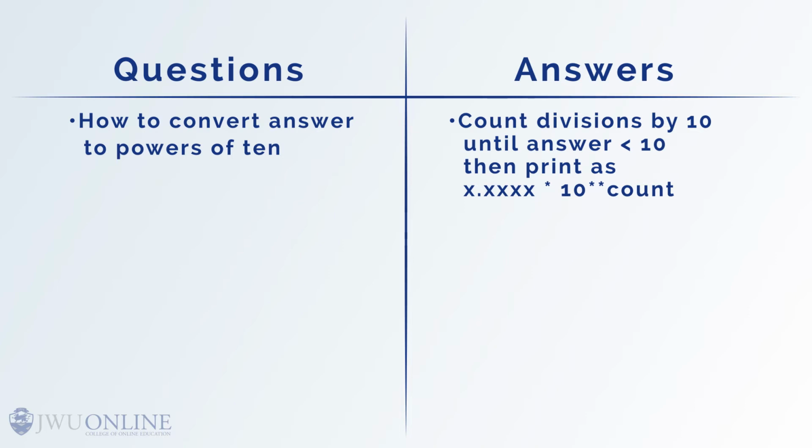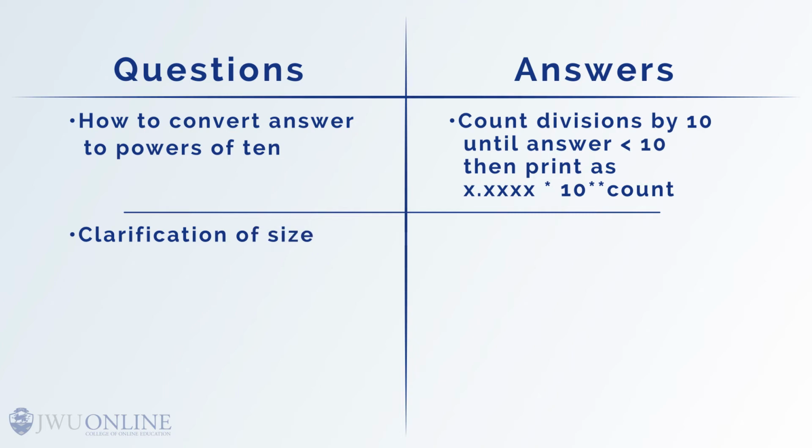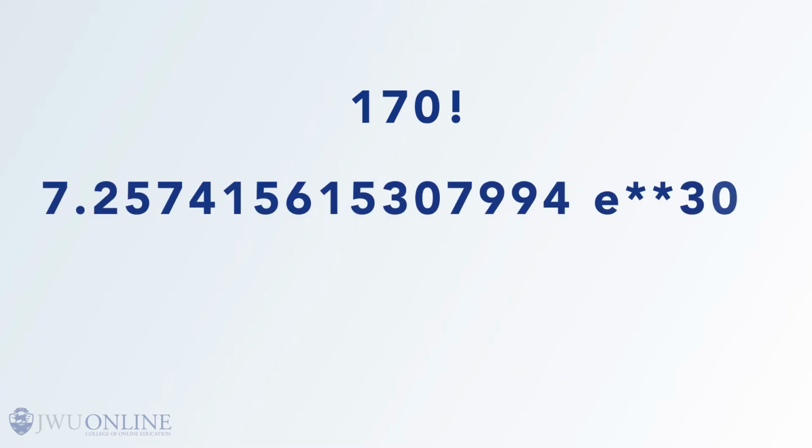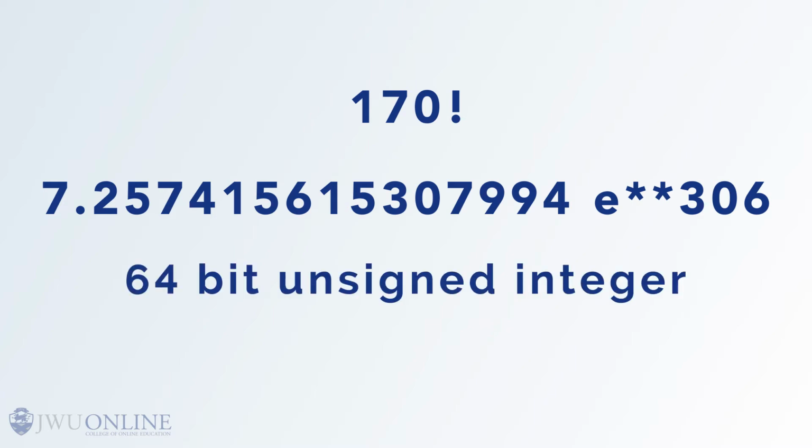Another useful question may be to further explore the largest factorial we can compute and what size variable to hold it in. It turns out that if we try this in MATLAB, which is a very powerful math tool that runs on Intel-based systems, we can see that 170 factorial is the largest that it can compute, producing an answer of 7.257415615307994 times e to the 306th power, using a 64-bit unsigned integer.